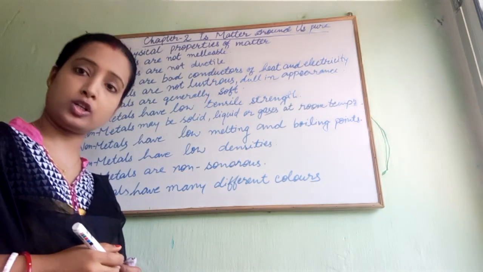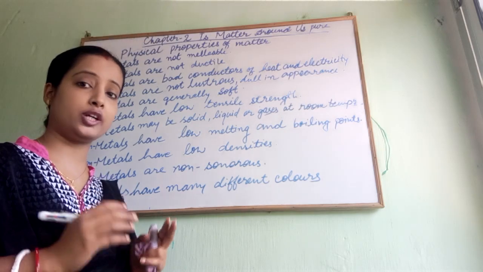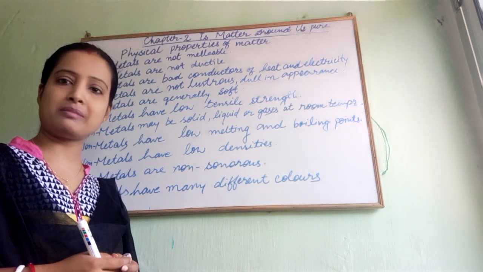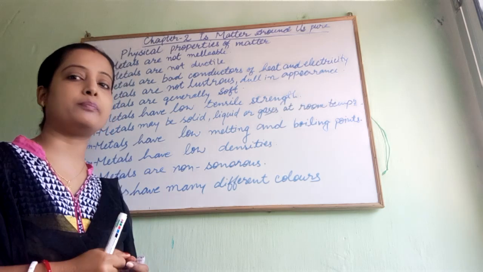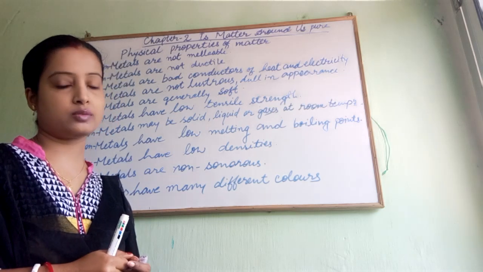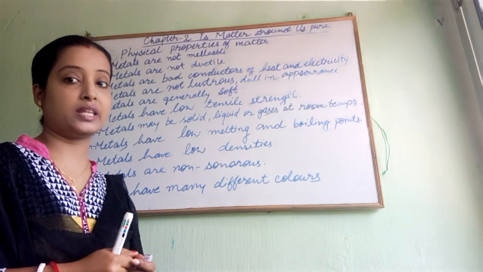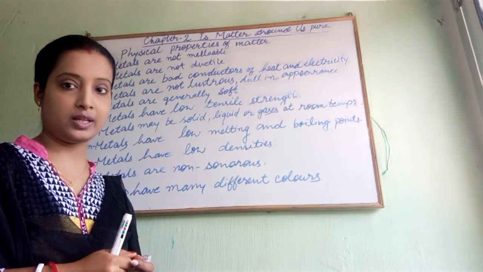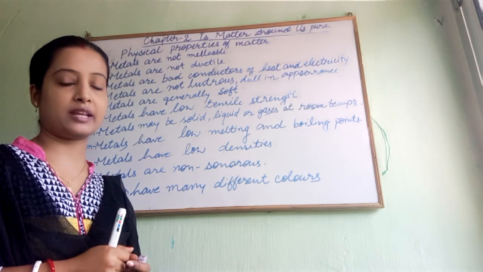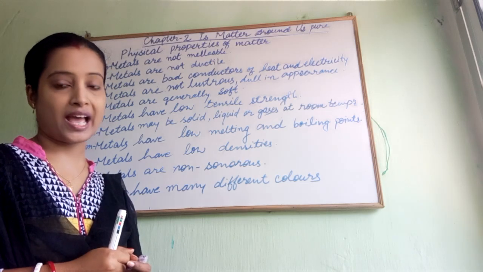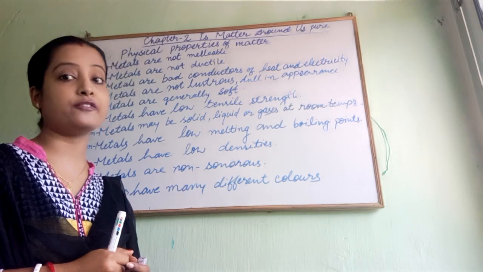As I have already told, malleability means drawn into thin sheet. So non-metals cannot be drawn into thin sheet. If you hammer them, they will break into pieces. So they are brittle. They are not malleable.